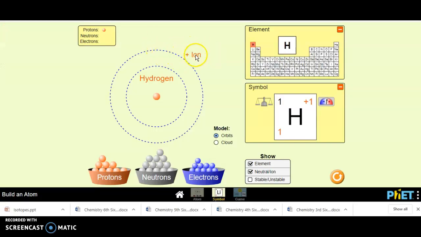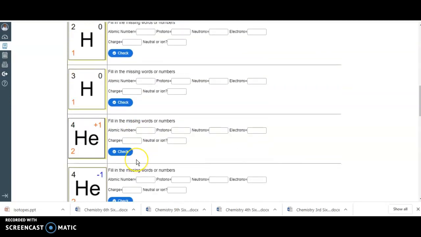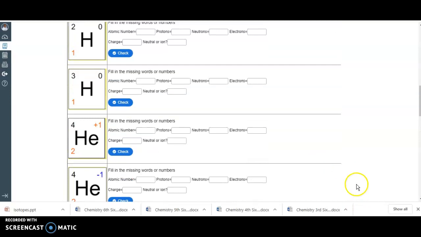You've already been shown that this is an ion, it's not an atom. So I'll go back here and put ion, so you can check and let's see if we did it right. So in this case, everything is right. That's what you're going to do for the rest of this. So it helps you practice, get used to writing the symbol of an atom or of an ion.